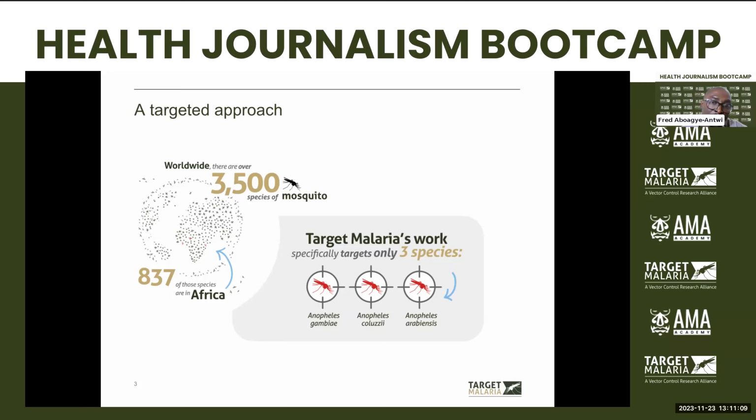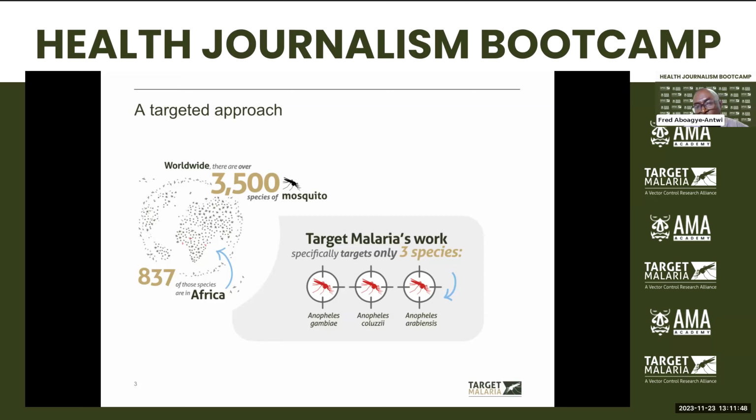But when it comes to sub-Saharan Africa, the most important malaria vectors are members of the Anopheles gambiae species complex. There are 3 of these that are responsible for over 90% of all the transmissions, and these are the ones that Target Malaria is focusing on: Anopheles gambiae, Anopheles coluzzii, and Anopheles arabiensis. They are all members of the Anopheles gambiae complex.